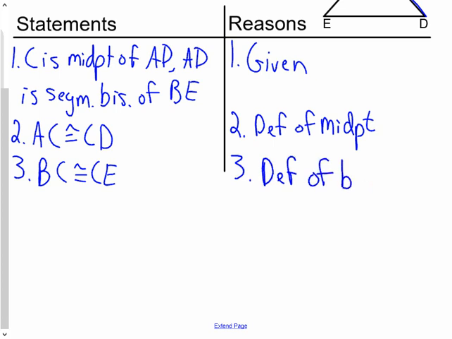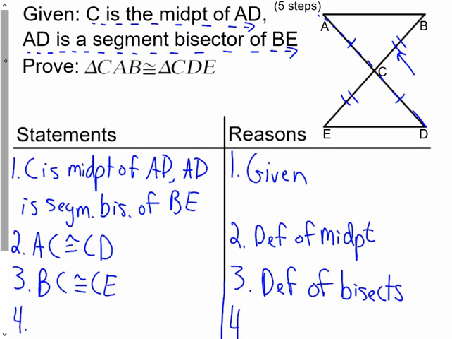Really, most of these problems, they'll just tell you something bisects something else, whether it's an angle or a segment. So generally, I'm going to use definition of bisect. If it is segment bisector, angle bisector, that works for both. Again, it's whatever follows the word, right? Bisector of what? The segment.